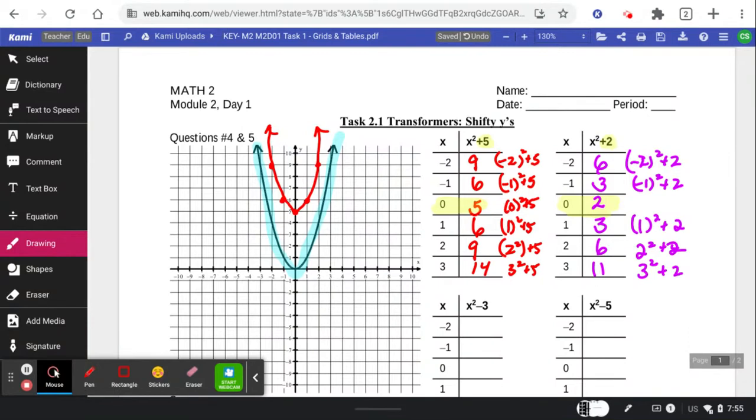Let's go graph the purple graph. Back 2 up 6. Back 1 up 3. 0, 2. 1, 3. And 2, 6. Check out that graph compared to the original.